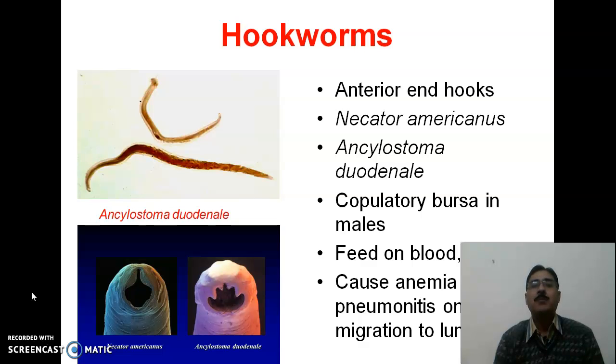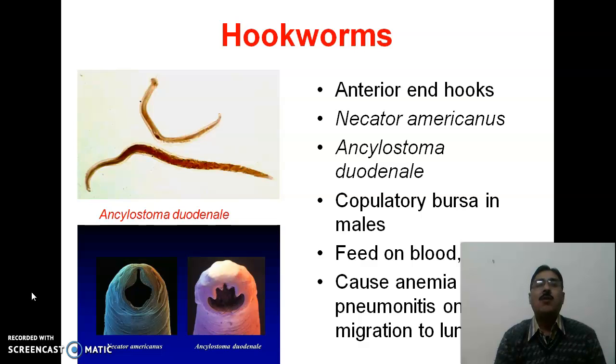There are two examples of hookworm. One, the Necator americanus, the American hookworm, and Ancylostoma duodenale, the hookworm which is commonly present in the Indian subcontinent.